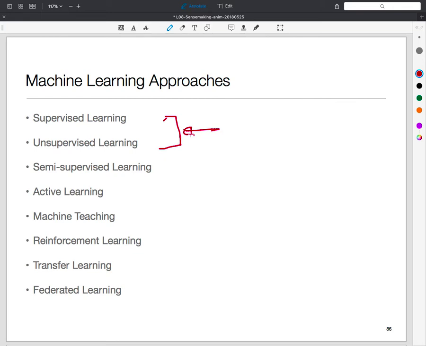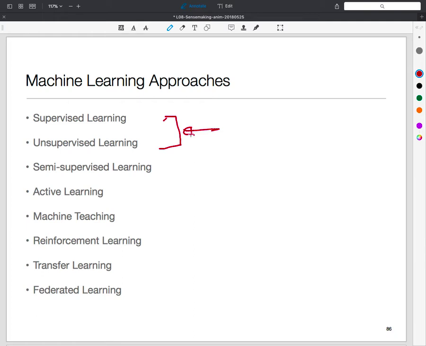And then there are all these other things. Active learning refers to the fact that when I make some observation, then based upon that observation, I ask a new question. So I probe the world based upon what I have learned. There's reinforcement learning, which, as I mentioned, has been in the news quite a bit because it's been used for all these game playing systems. The idea in reinforcement learning is that there is feedback from the environment.